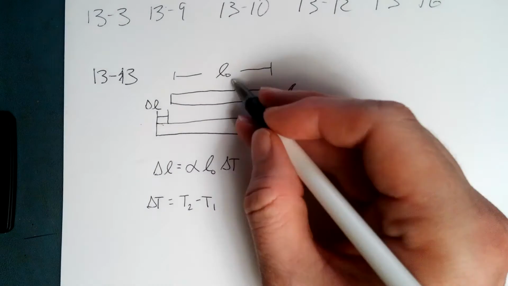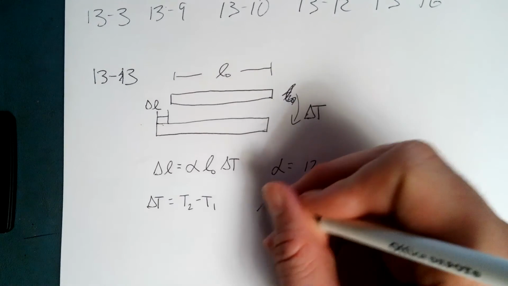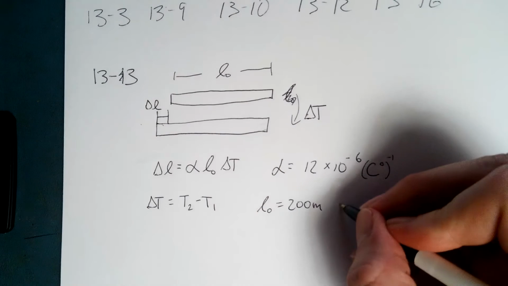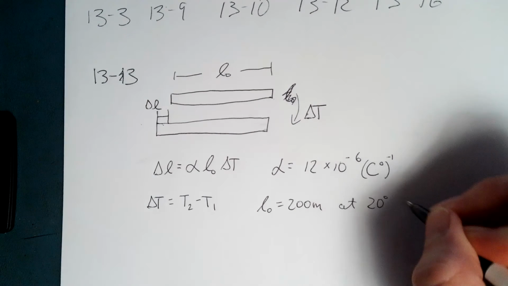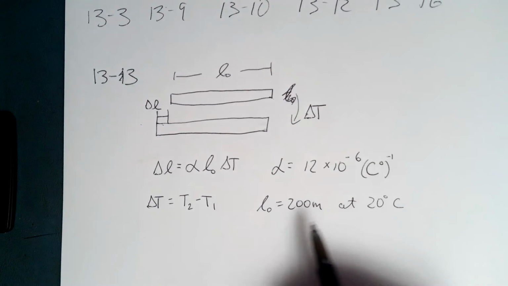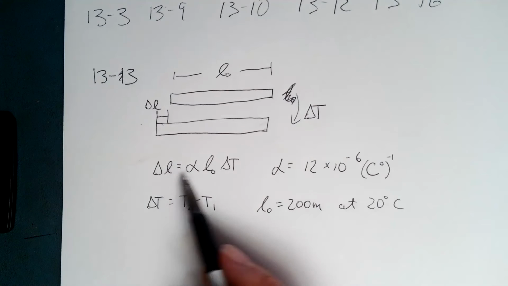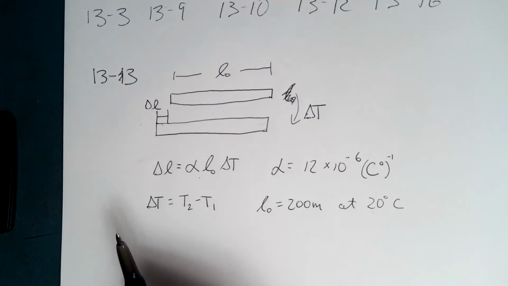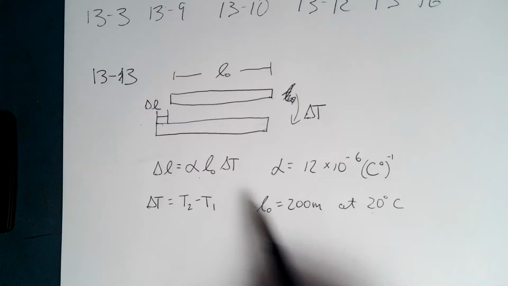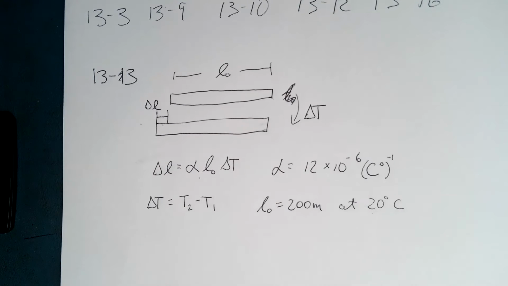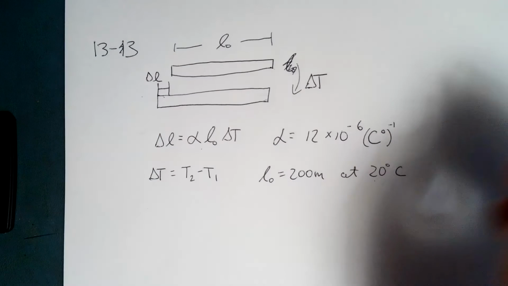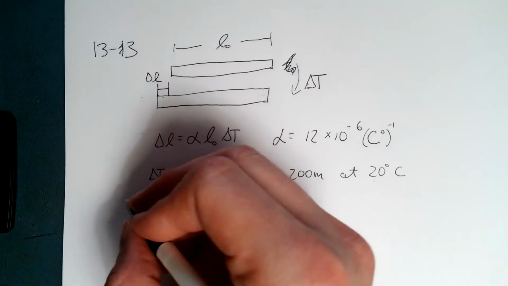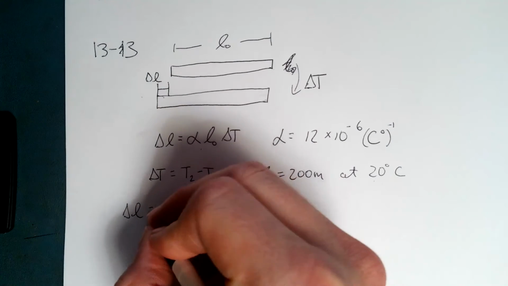And since we have this L naught of 200 meters at 20, it's important that this is at 20. Then we can do this calculation going from 20 to negative 30, and then do it again going from 20 to positive 40, and that way we get the range, just because this is the information we're told. So we have to start from here and go to the two extremes. So we'll just go ahead and do that.